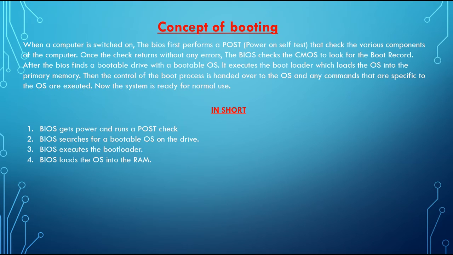When you switch on a computer, the BIOS, that is the basic input output system, first performs a POST check, that is the power on self test, that checks the various components of the computer. If a POST test fails, the computer often just displays an error message. The POST check checks the RAM, the ROM, and the other crucial components of the computer that are necessary for the smooth functioning of the computer.